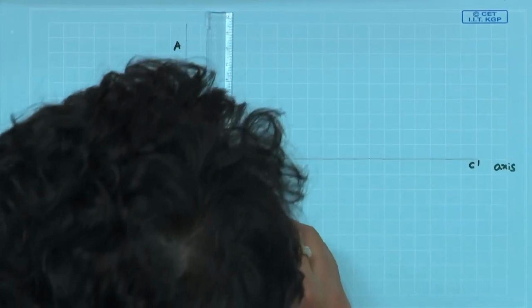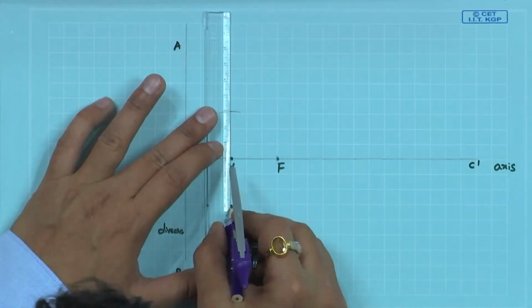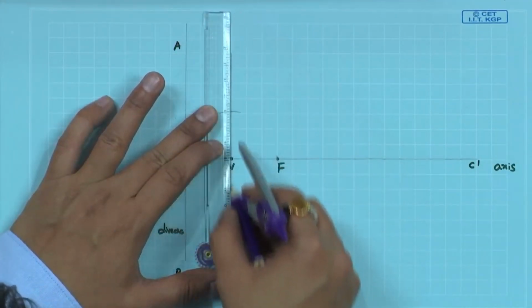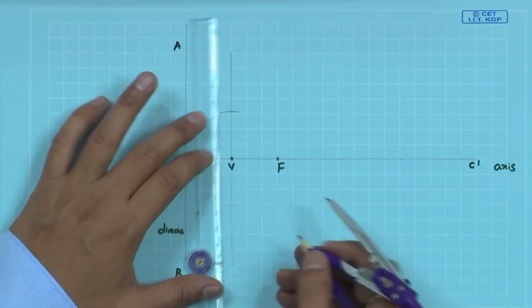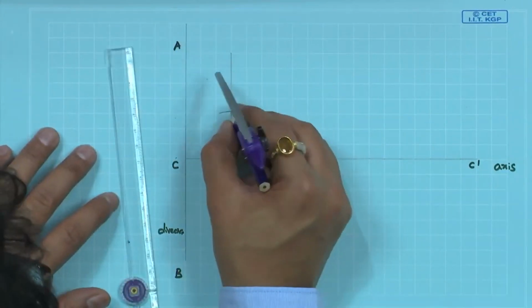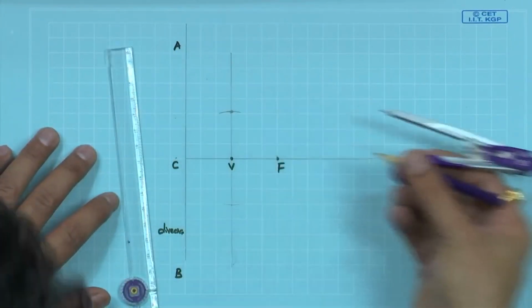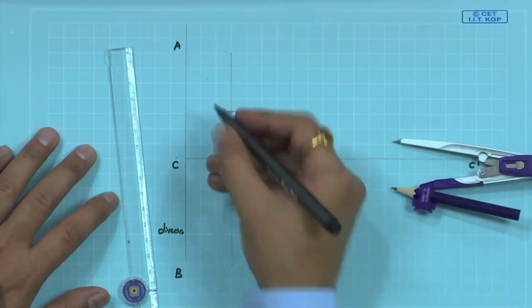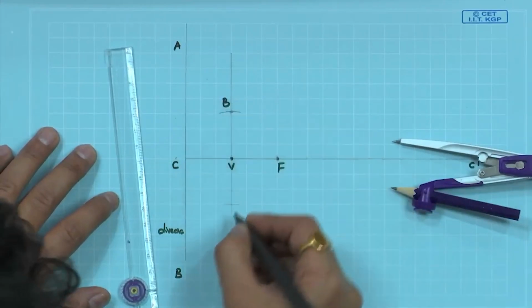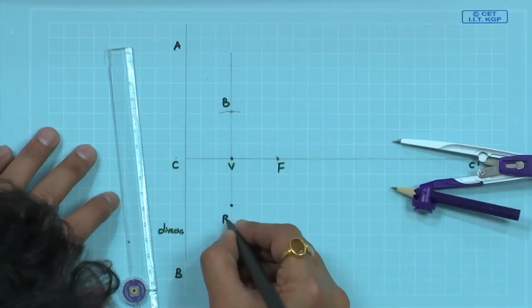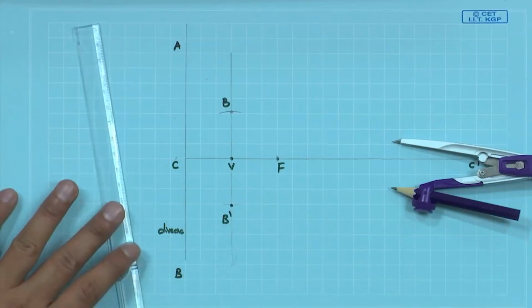Join these points. So, this point is our B, B prime, let us call it.